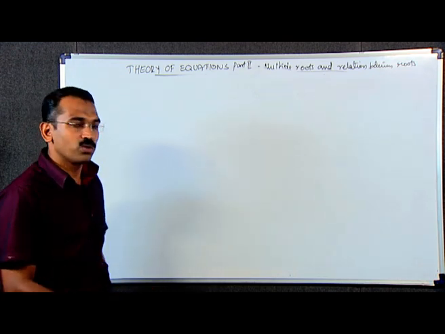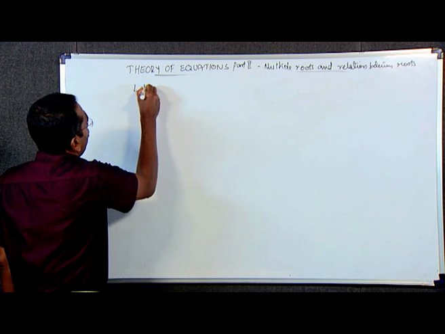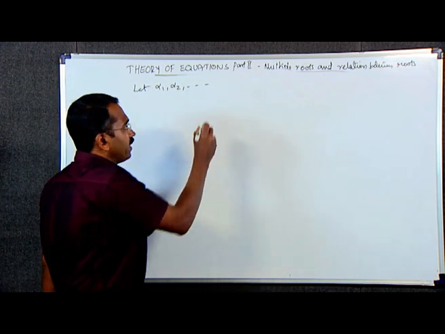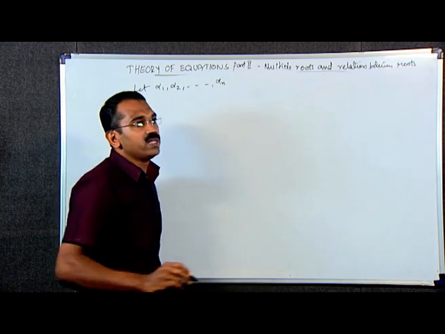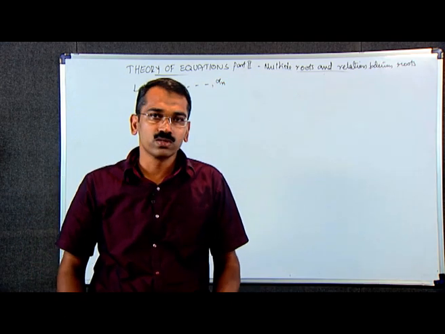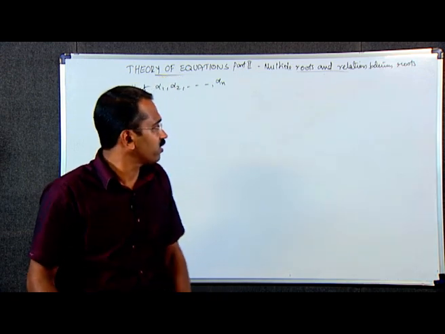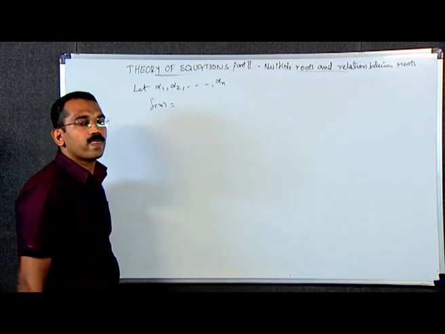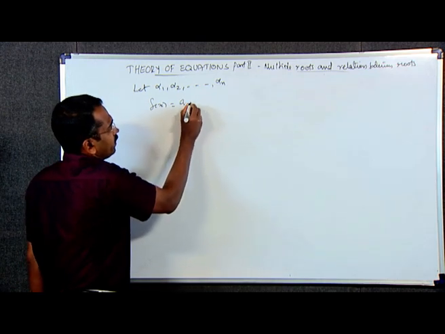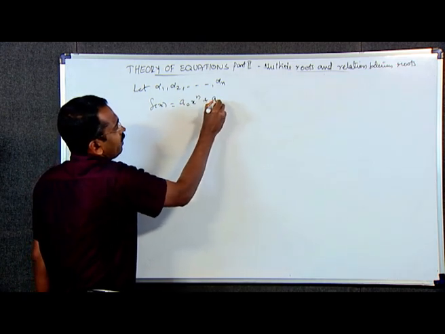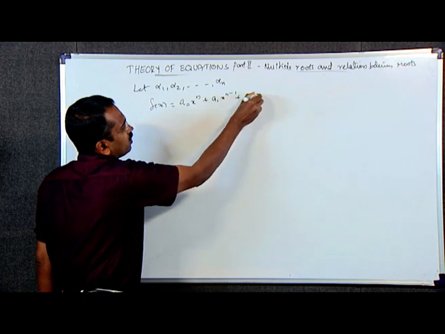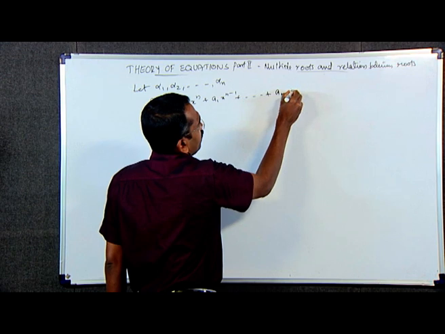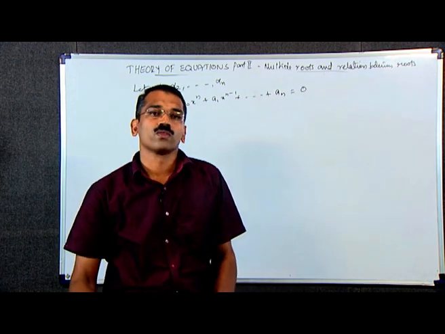Let alpha 1, alpha 2, etc., alpha n be the n roots of the nth degree equation f of x is equal to a naught x raised to n plus a 1 x raised to n minus 1 plus etc. plus a n is equal to 0.